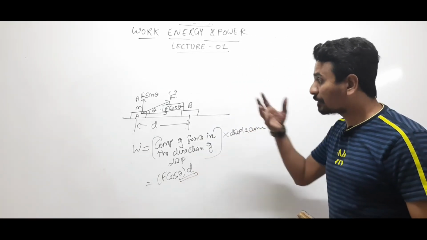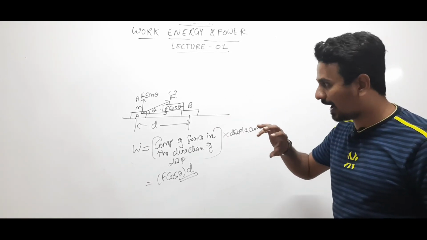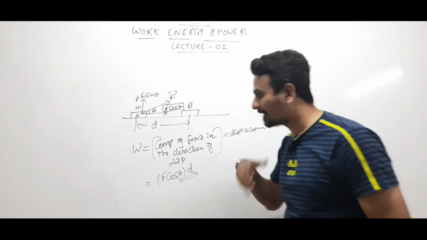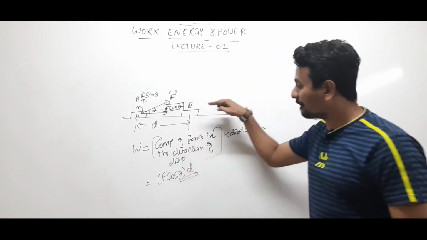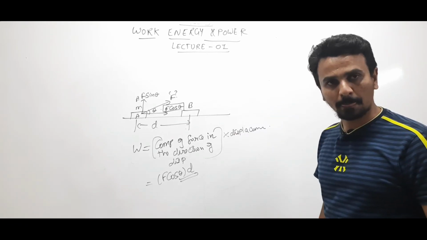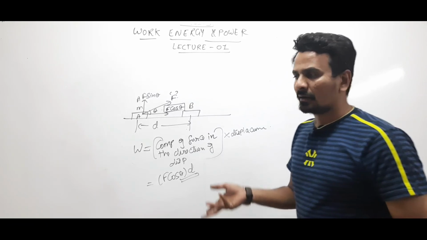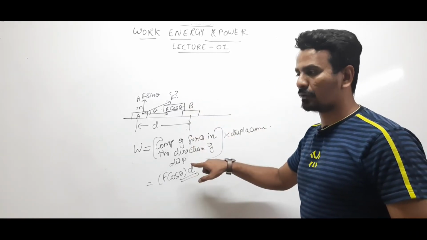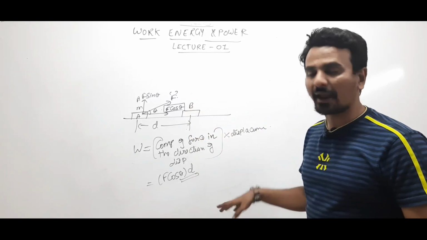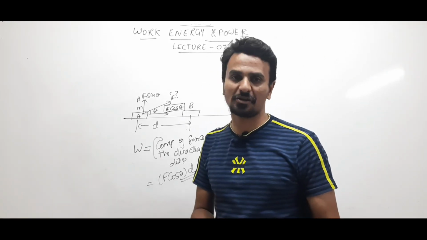Okay, since displacement is also a vector quantity, we can define the work done in either way: as the component of displacement in the direction of force into force. Both ways are correct, both will give you the same answer. Here I have taken the component of force in the direction of displacement. In a few cases, we need to take the component of displacement in the direction of force.